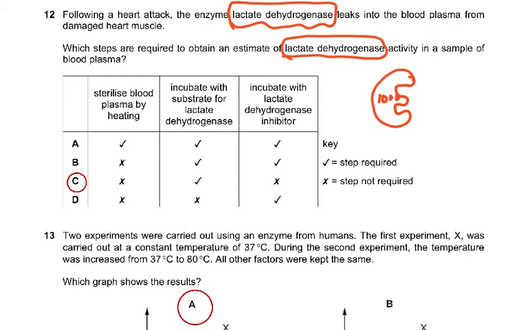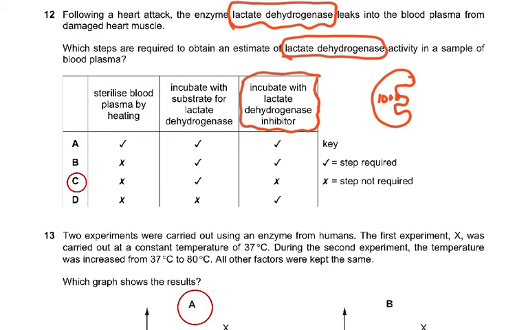So what do you do? You sterilize the blood plasma by heating. Why would you do that? Incubate with substrate for lactate dehydrogenase. Naturally, if you incubate with a substrate, then you would know how much product is being formed. So if there are 10 enzymes, or 100, or 1,000, that would give you an idea. And the last one was incubate lactate with dehydrogenase inhibitor.